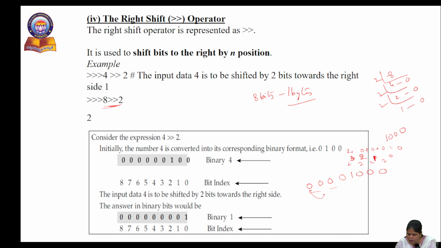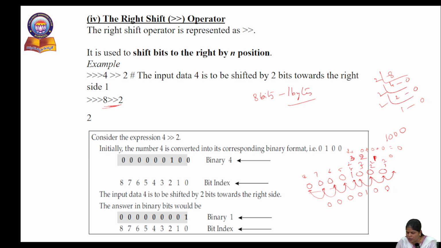So this will be shifted to this place, this to this, and so on. Here, if I take the positions 8, 7, 6, 5, 4, 3, 2, 1: the 8th position 0 will be shifted to the 7th position, 7th position to the 6th position, 6th position 0 to the 5th position, 5th position 0 to the 4th position, 4th position 1 to the 3rd position, 3rd position 0 to the 2nd position, 2nd position 0 to the 1st position, and the 1st position has been shifted.